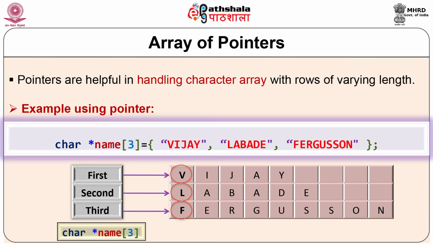These 3 different strings can be held using pointers because our pointer is character type and star, that is the unary operator, is used for defining a pointer, and the array size is 3, and therefore we can use 3 different strings. So, the first string is Vijay and the first letter is V. Similarly, in the second string the first letter is L and in the third string the first letter is F.